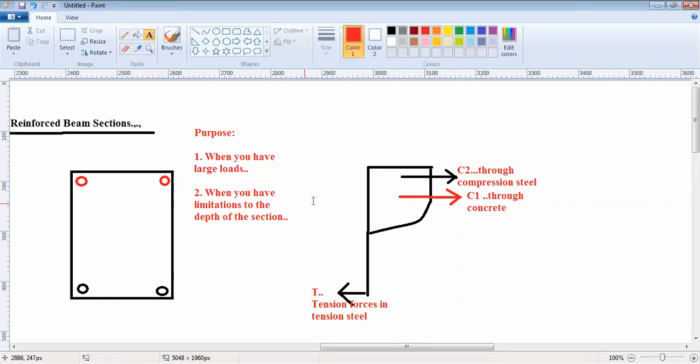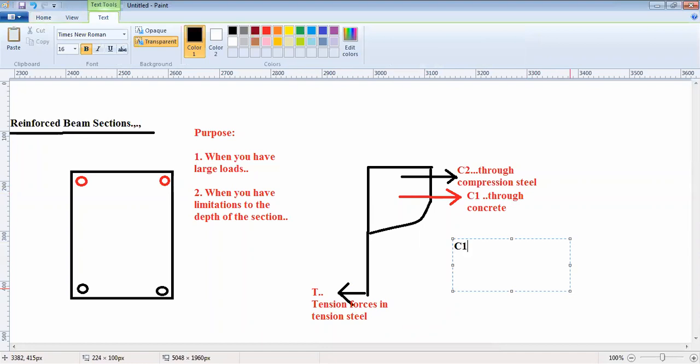Now we have already discussed what is C1. We have already calculated C1. Can you recall, was it 0.326 or 0.316? Or 0.36?